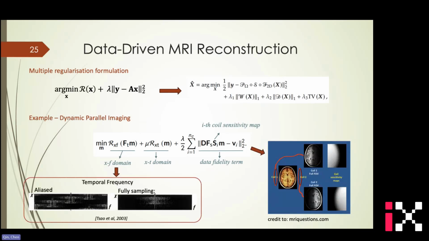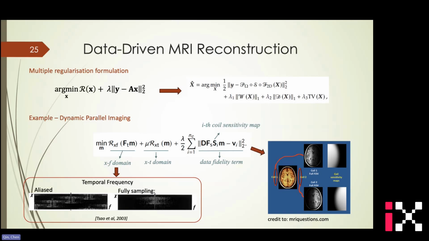Basically, it's here, right? So we have this fully sampled data. We have these aliased signals. So the fully sampled signals in this spatial frequency domain are actually very sparse. So our idea here is to incorporate a complementary regularization to further exploit the data and then reconstruct images.